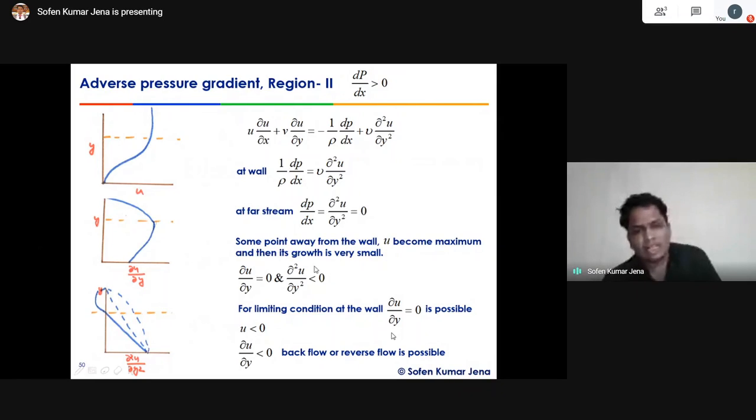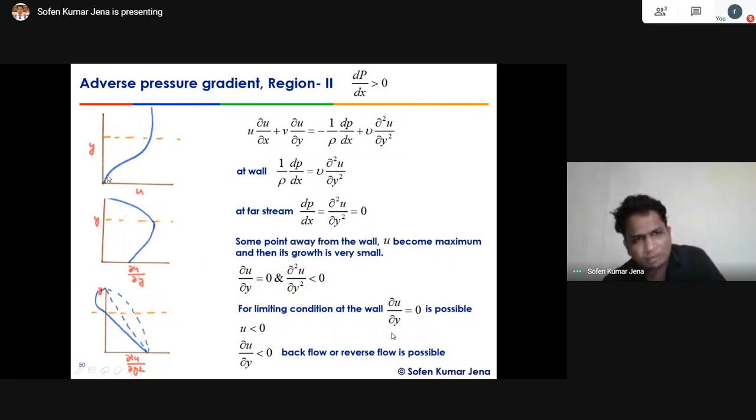Because here del square u by del y square equals 0 in this region, right? For the limiting condition at the wall, del u by del y equal to 0 is possible, right? So del u by del y equal to 0 means it's a shear region. Imagine at the wall the velocity is 0, and next to the free stream velocity there is a very small change in velocity.